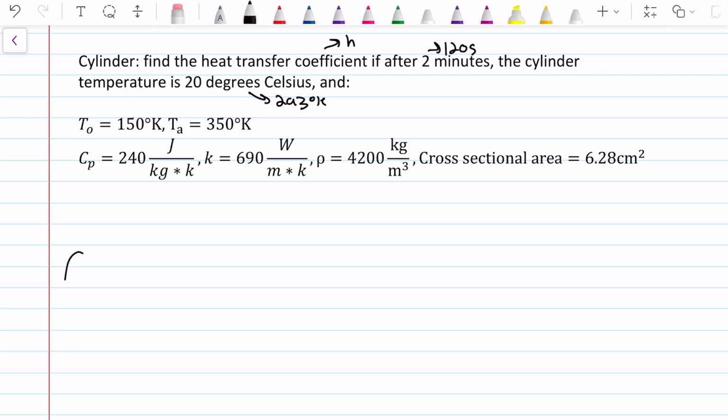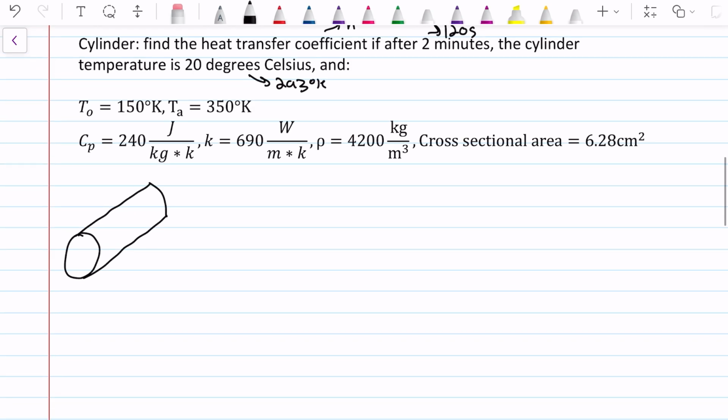So we have a cylinder, and said cylinder has an extremely high k value, which means we can use lumped capacitance. And then there's just fluid flowing all around it, with this ambient temperature. And then they want us to find the heat transfer coefficient.